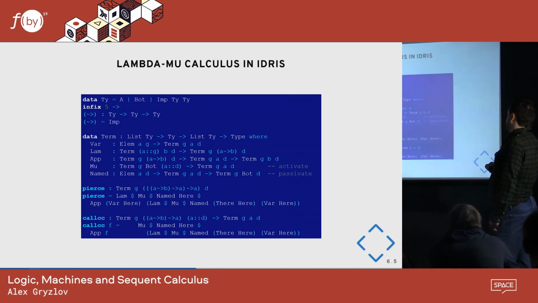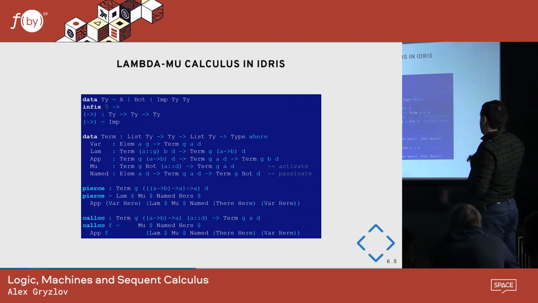If you have a function that takes some kind of continuation, then call CC saves the current context and passes it into that function. So you can write very mind-boggling things with it. But the idea is that if you look at the type, this call CC is basically just one lambda away from being a Peirce law. It's just that instead of a lambda, you pass this function manually. But it's the same thing.